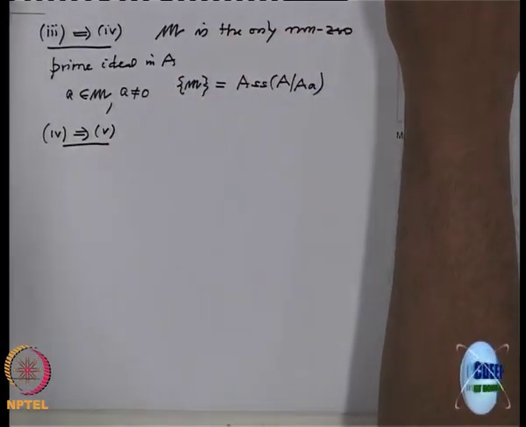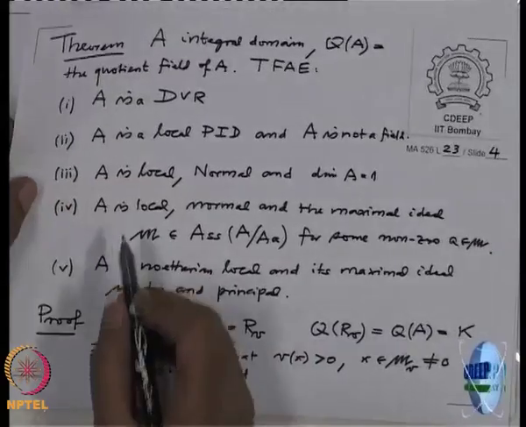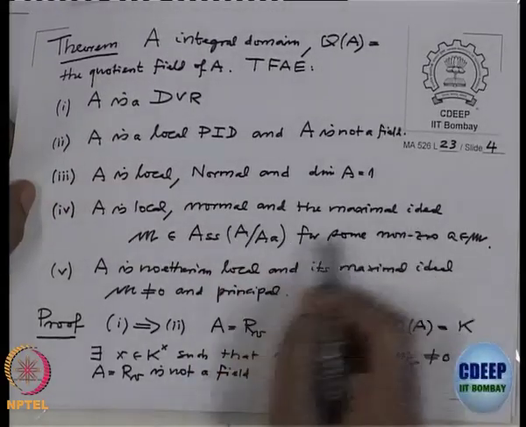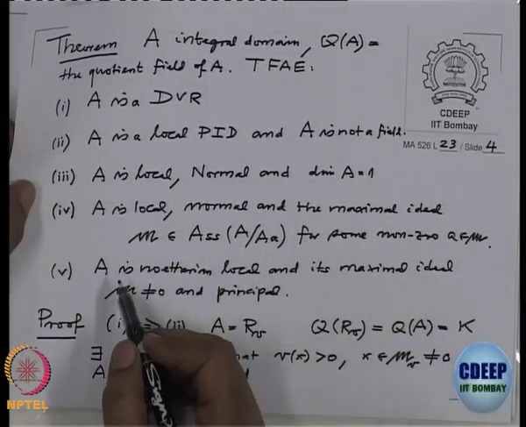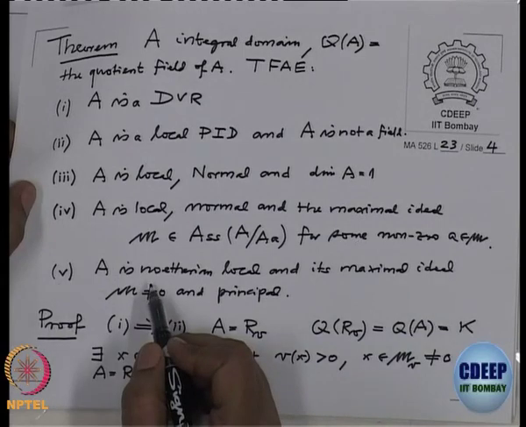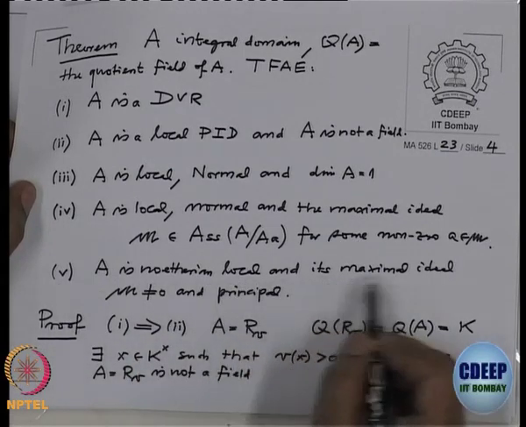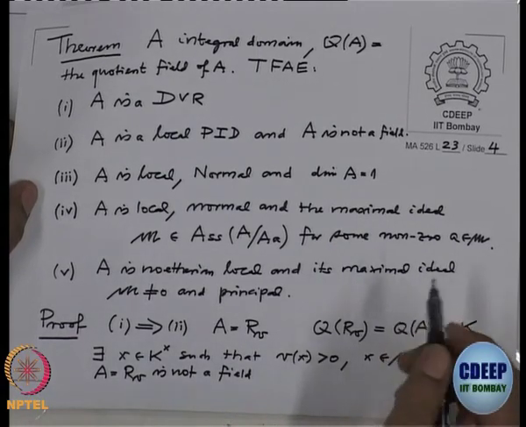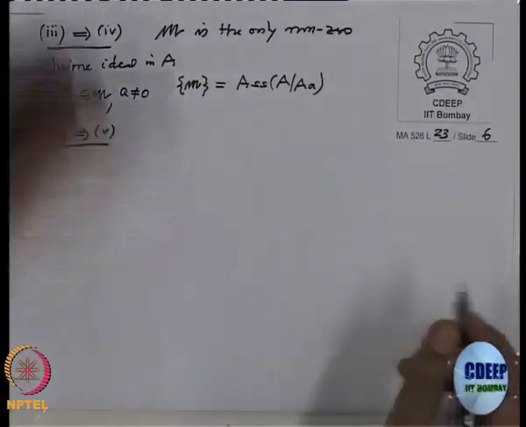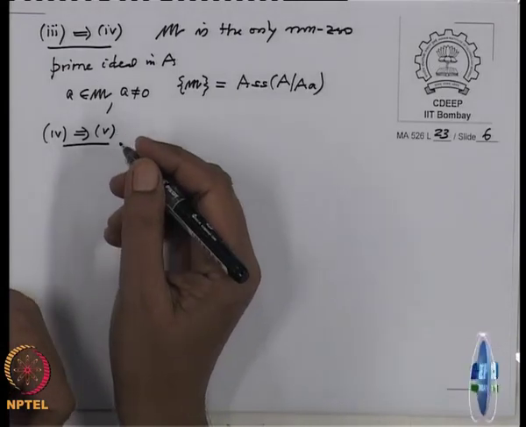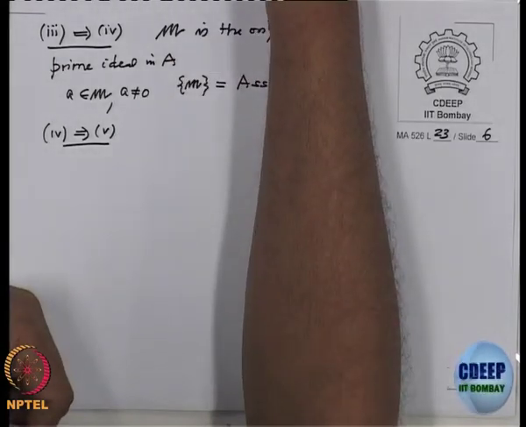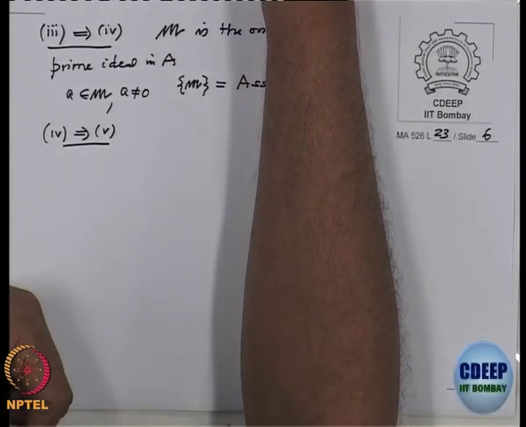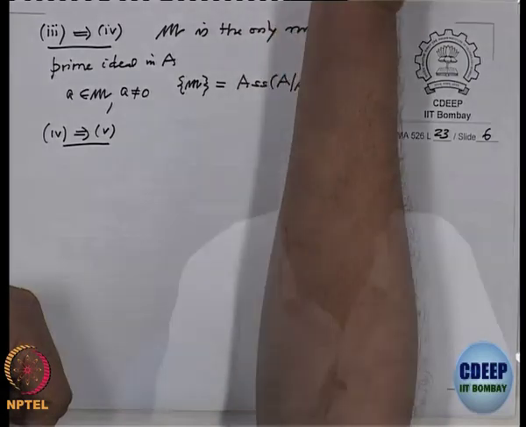Now, 4 implies 5. Okay, 4 is given: local, normal and maximal ideal is associated to some non-zero element, and 5 is Noetherian, local, and its maximal ideal is non-zero and principal. So, we will prove it. Noetherian is already there, because we are assuming normal is Noetherian, and local is also there. So, now I only have to prove that the maximal ideal is non-zero and it is principal.